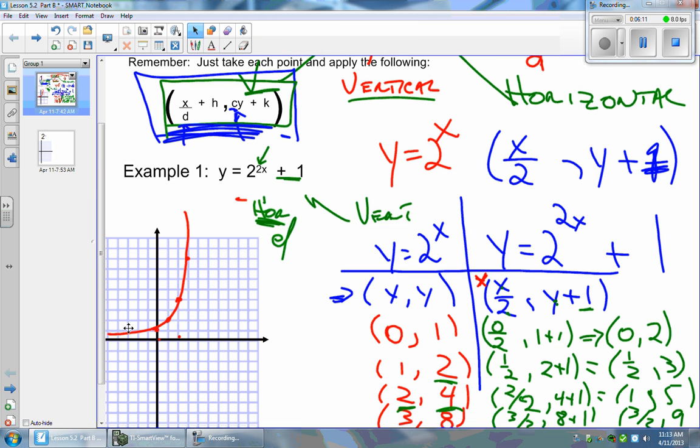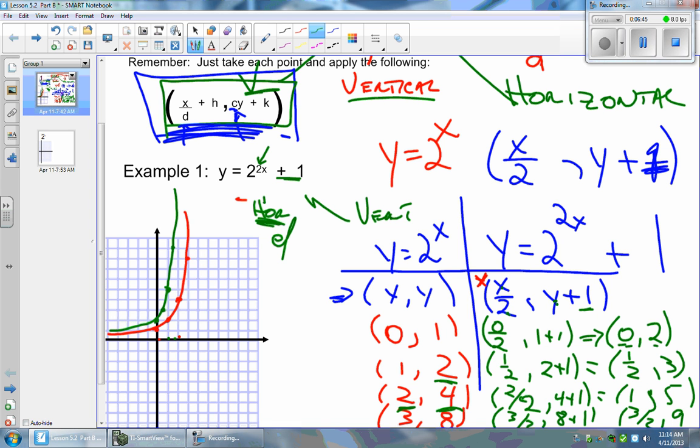My new transformed graph, which we'll put in green, is starting here, 0, 2, there it is right there. Next one, 1/2, 3, which would be there, okay? 1, 5, 1, 3, 4, 5 here, okay? And 3/2, 9. 3/2 is 1.5 and 9. 1, 2, 3, 4, 5, 6, 7, 8, 9.